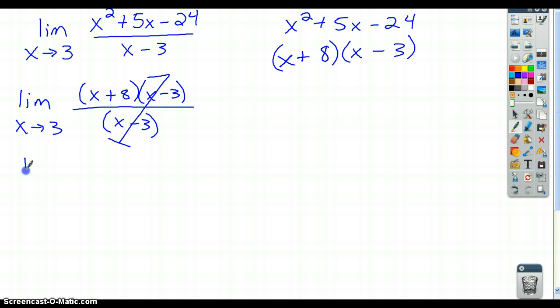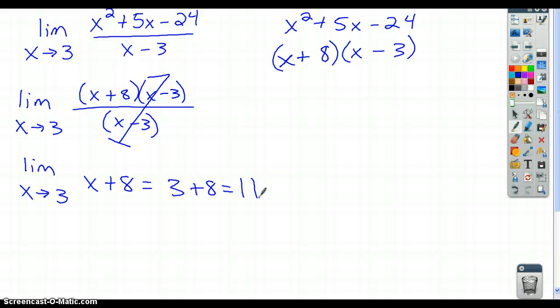So now my new limit, the limit as x approaches 3 of x plus 8 equals 3 plus 8, which is 11. So the function is not defined at 3, has a hole in the graph, and what that suggests though is that the y values are approaching 11, and if you filled in the hole with 11, you would make the graph continuous.